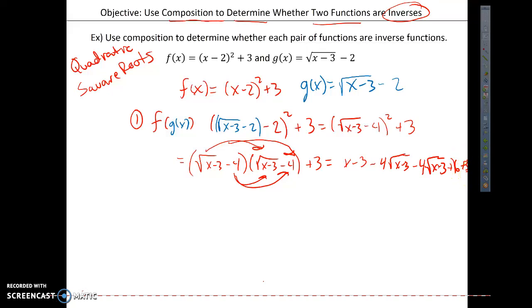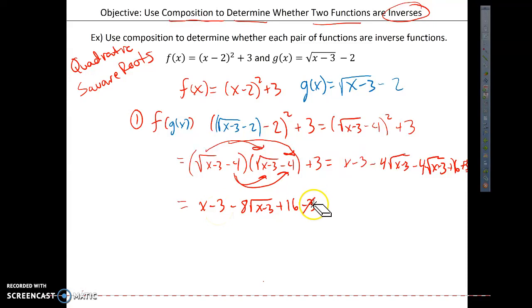So simplifying this, we have x minus 3, minus 8 root x minus 3, plus 16, plus 3. What ends up happening is this negative 3 does not cancel.